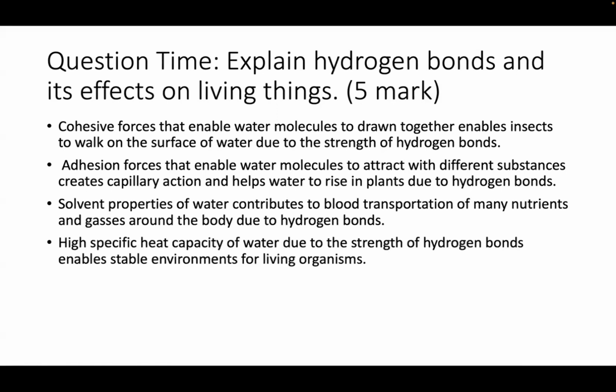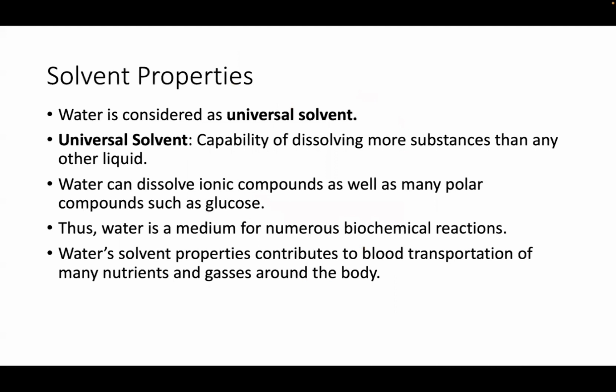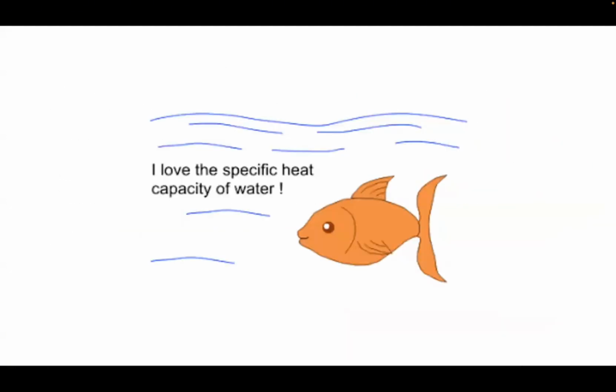Fourthly, high specific heat capacity of water. This is also due to the strength of hydrogen bonds, and this enables an environment for living organisms. As you can remember, we also have the fish living under the sea, and it's really happy with the high specific heat capacity of water because of homeostasis.